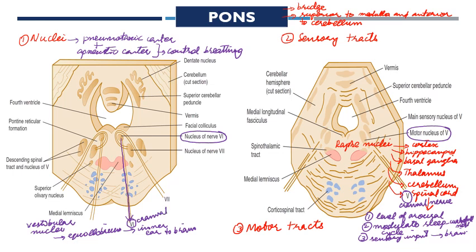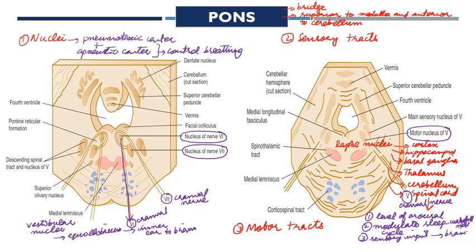In the same manner, the nucleus of seventh cranial nerve is also present in the pons, and these nuclei give rise to seventh cranial nerve. In the same manner, the nuclei called vestibular nuclei of vestibulocochlear nerve, that is the eighth cranial nerve, are also present in the pons.